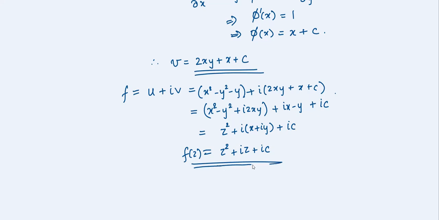So from one function, from u, we could identify one harmonic, we could identify the other harmonic, and we could identify the analytic function also. So let us see if we can do some problems from GATE directly. I'll just share.